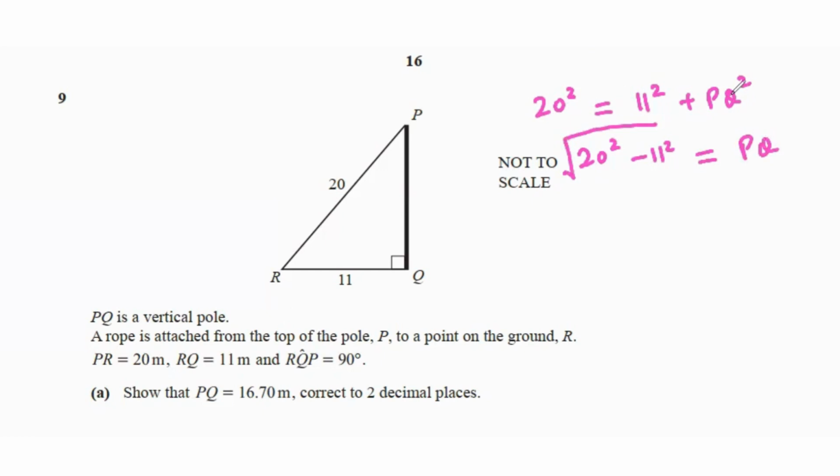That's going to be 400 minus 121, which is 279. And the square root of 279 will give us 16.7, correct to 2 decimal places.